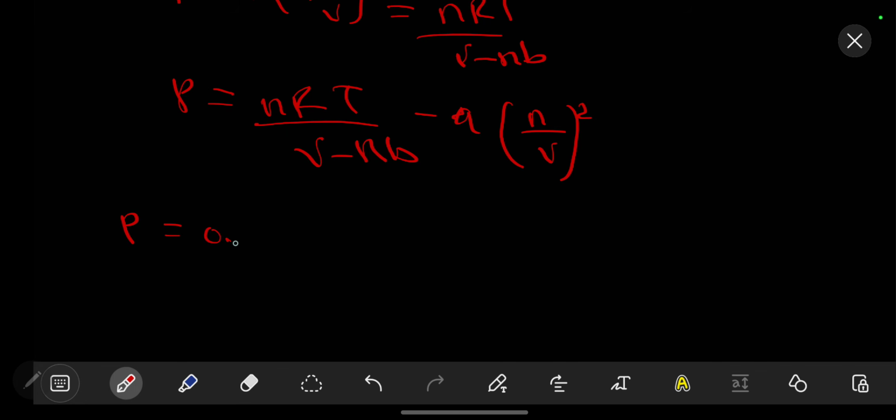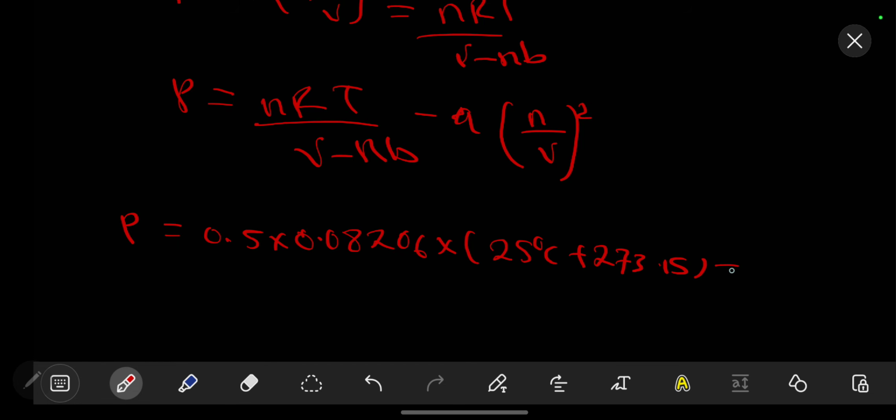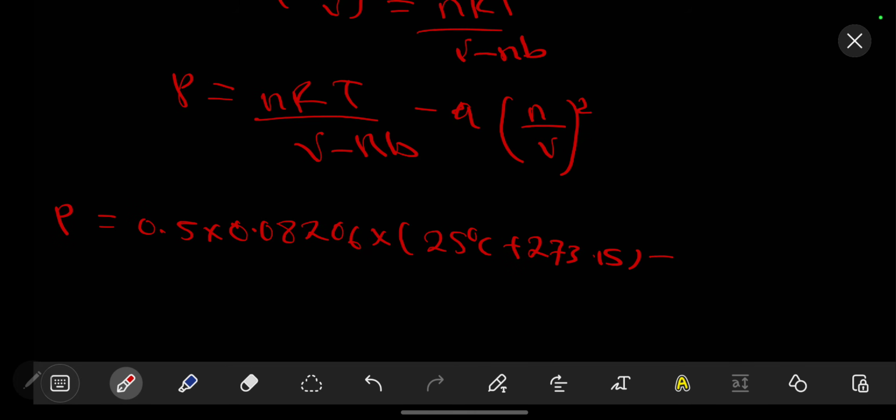our n value, 0.5, times 0.08206, times the temperature, 25 degrees Celsius plus 273.15. Then we have minus, what's our a value?